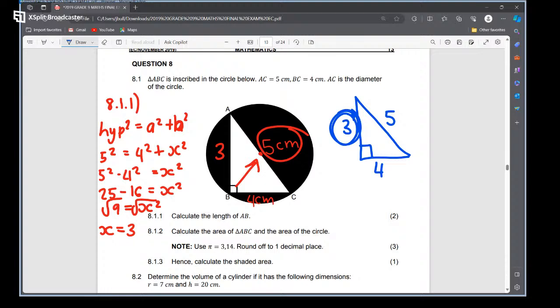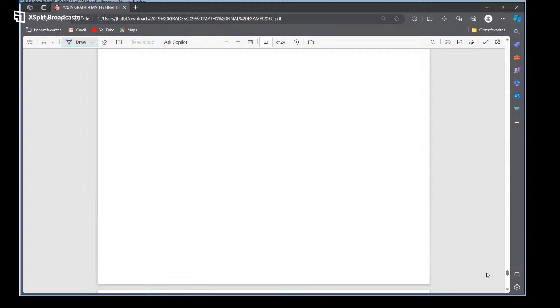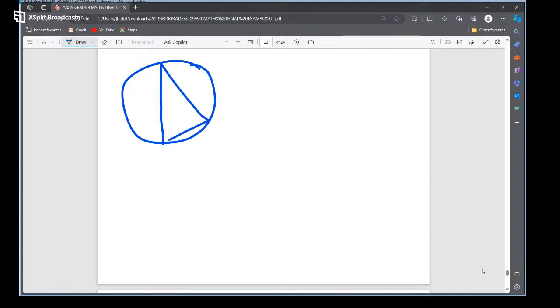Okay, next up, calculate the area of triangle ABC and then the area of the circle. I don't think I have enough space here, so I'm going to just scroll down to the bottom. Okay, let's do a quick drawing of this again. We had the circle, we've got this triangle in the middle, obviously not exactly drawn right.